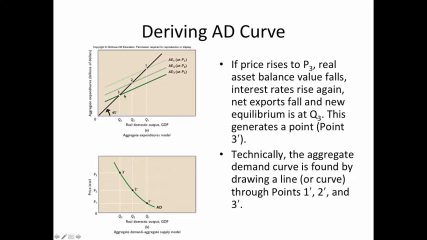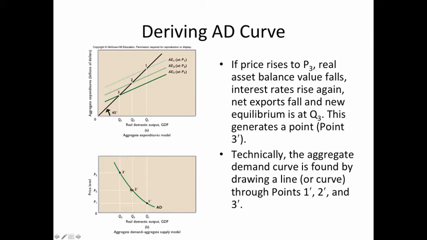Now we move along this lower aggregate expenditures line, AE3, when the price level is P3, giving us our equilibrium GDP right here of Q3. So down here, when the price level is P3, we know equilibrium GDP will be Q3. It's a third point here.